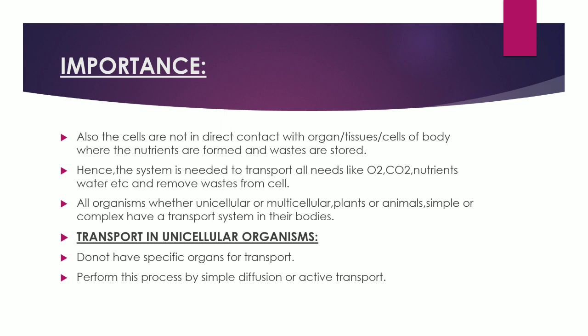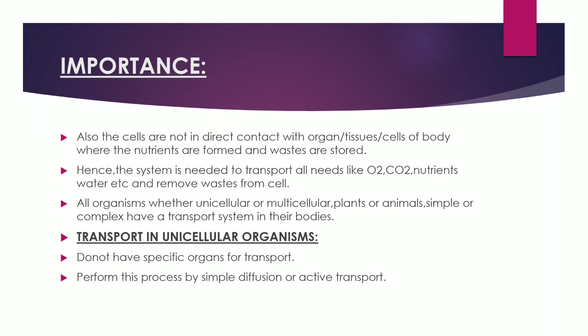Okay dears, the oxygen, carbon dioxide and the nutrients are needed to be given to all the cells, organs and tissues of the body. All these nutrients are given by a special transport system. So the organisms, whether unicellular or multicellular, plants or animals, simple or complex, have a special transport system in their bodies through which oxygen, carbon dioxide and nutrients are transported to all the cells, tissues and organs of the body.